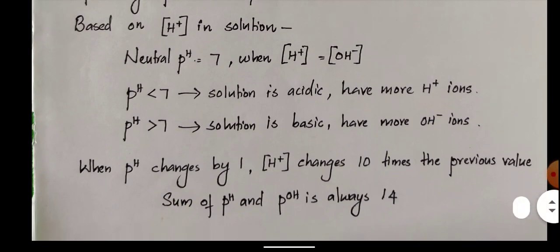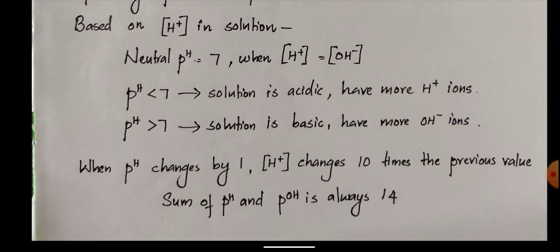Based on the H plus concentration in the solution, if the solution is neutral, the pH will be 7. That is, the H plus concentration and the OH concentration will be equal. If the pH is less than 7, the solution is acidic, which means the solution will have more H plus ion concentration.